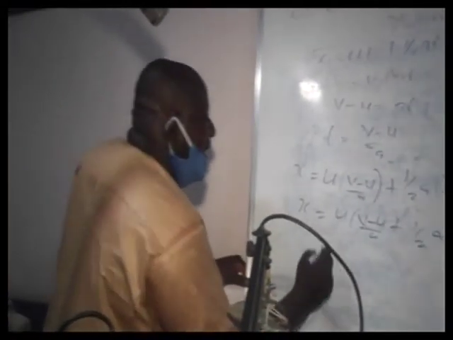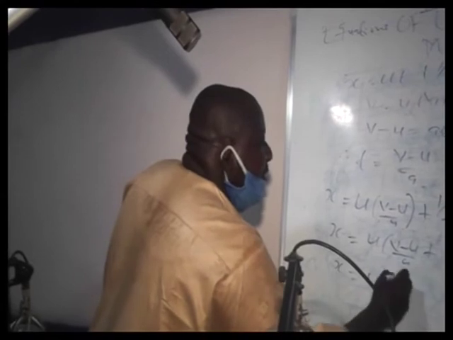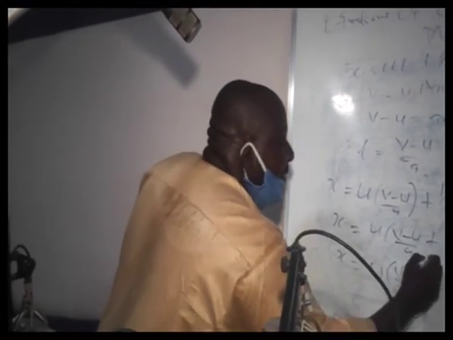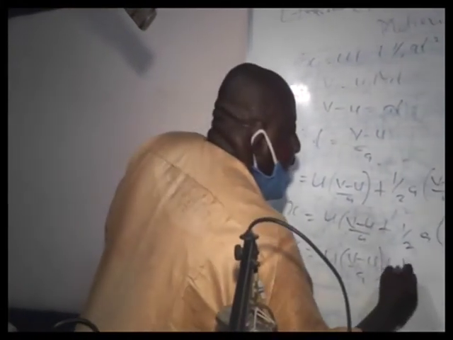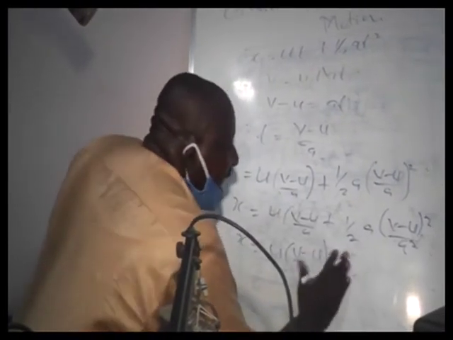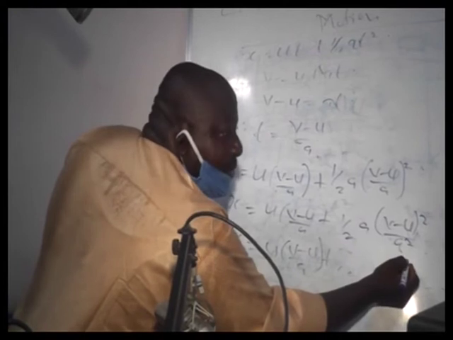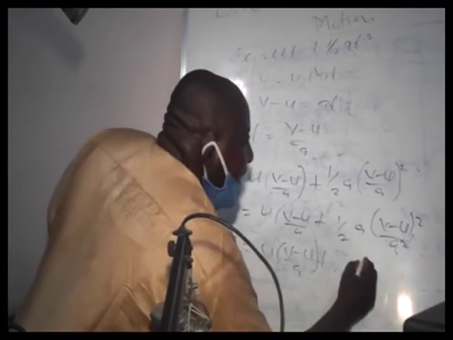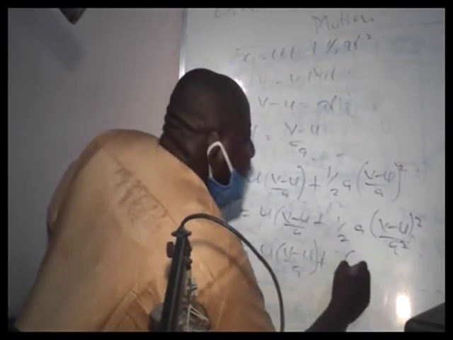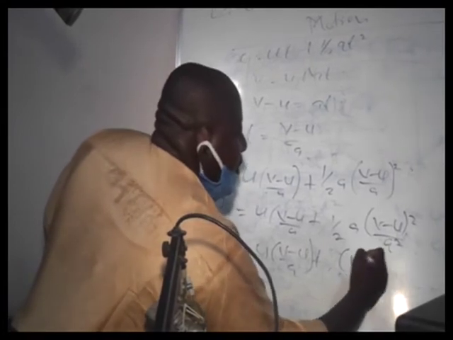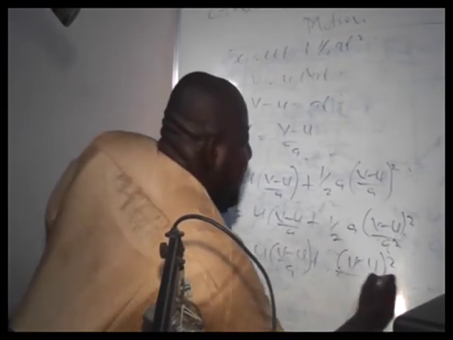So we go still further ahead. X now is equal to u times v minus u all over a, plus a half, or this time let's put the half there as the numerator. One of the a's will cancel, so we still have one a here. So this will be plus v minus u all squared divided by 2a.